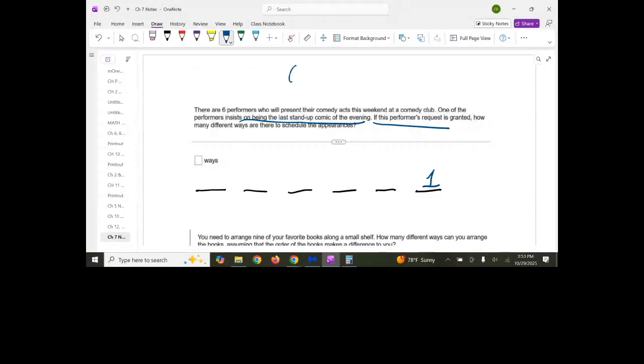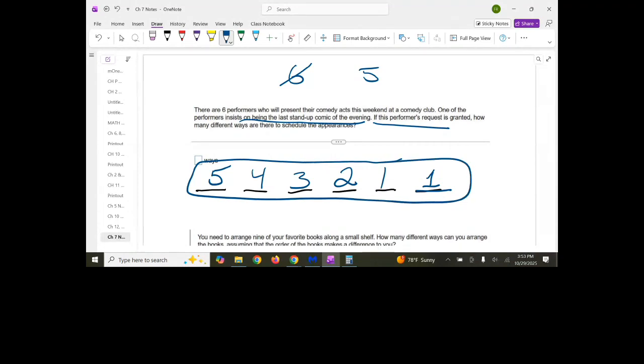But if we had 6 people to choose from and we've already chosen one for this position, doesn't that mean there's only 5 people to choose from there? And once we pick one of those, now there's only 4 people to put there, and only 3 people to put here, and only 2 people to put there, and only 1 right there. So y'all, I'm going to take my calculator and we're going to multiply that out.